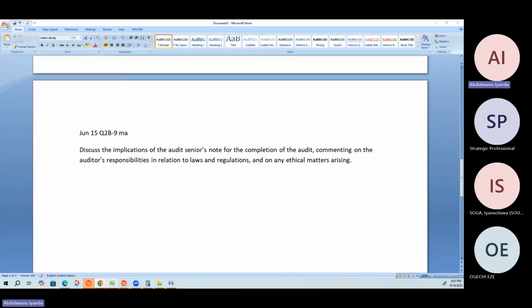So what we are interested in now is to look at two things. Let's discuss the implication on the senior audit notes. Let me call it brainstorming. One, likely implication.